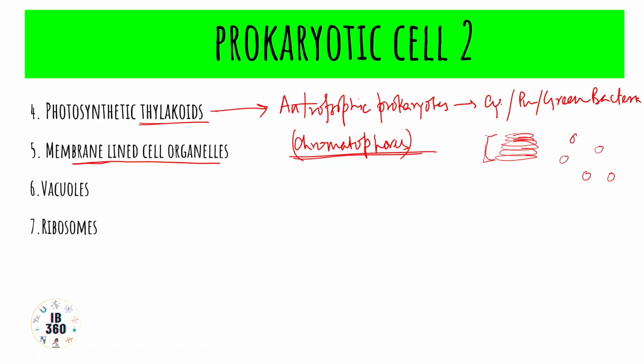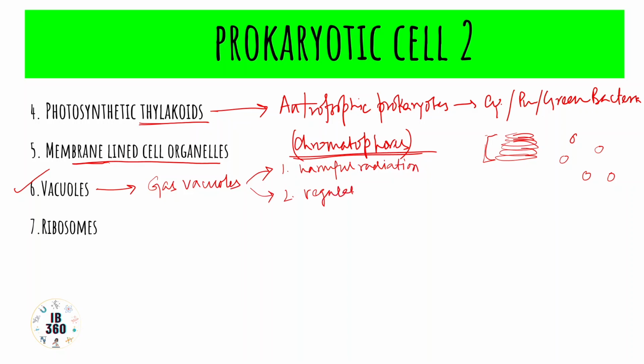And next come the vacuoles. Vacuoles mainly involve gas vacuoles, and gas vacuoles have two purposes. One is to protect the cells from harmful radiation, and secondly to regulate buoyancy.